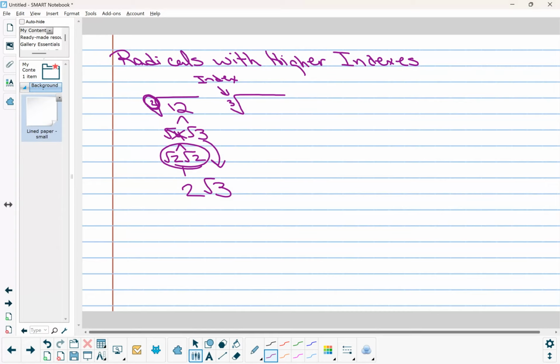Okay? Well, now, if we have something with a higher index, that means we have to circle more numbers to get one out. We also have to put that index in our answer, all right? So if I do, let's use this one right here, the cube root of 48, all right? Well, I'm going to break that down the way I did before. So I would go all the way to primes.